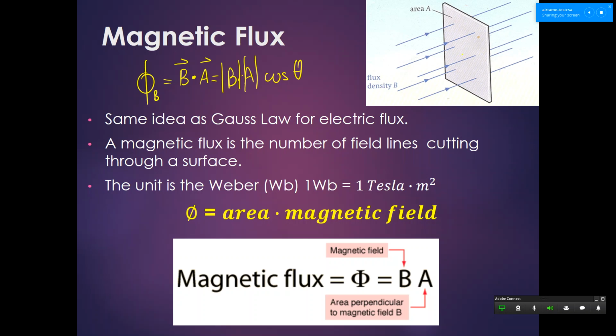So if you remember, I'm going to change colors here because it's not going to appear very nice. If you remember that a surface like this has an area vector in which direction? Yeah, it's going to be in that direction, perpendicular to the surface of the area, right? So in fact, the area vector and the magnetic field vector have to be parallel if you want them to be maximum.